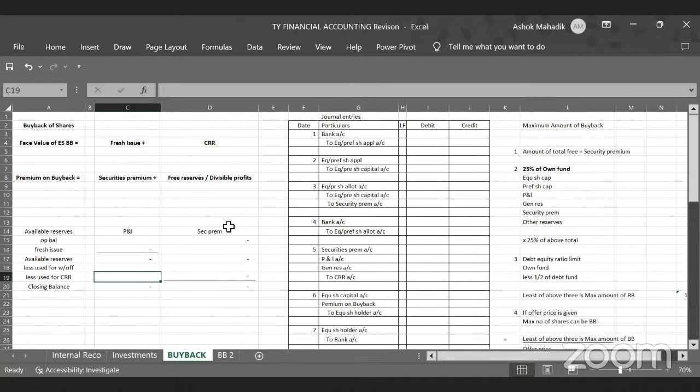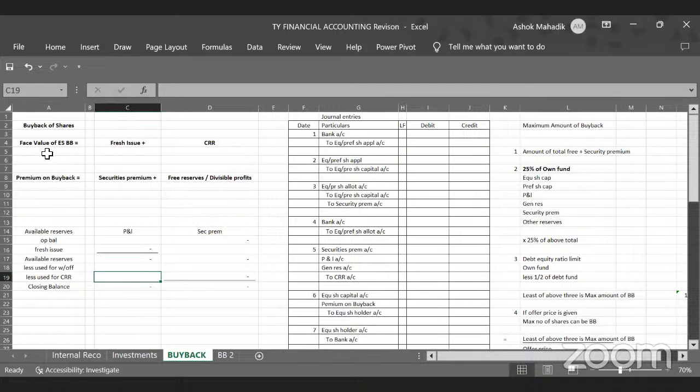As I told you, buyback of shares means the company purchases its own equity shares. Now you must be remembering that in case of redemption of preference shares, we used to make equations. In the same fashion, we have to make equations in case of buyback of shares also.